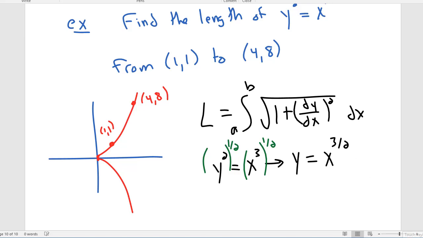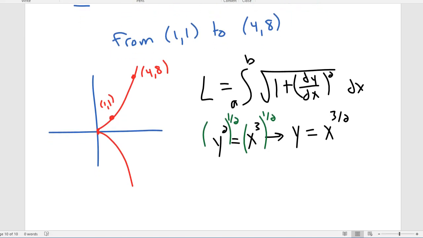So now we can take the derivative, dy/dx, and we're just going to use the power rule here. I'm going to bring the power down, and take 1 away from the power. So there's my derivative. That is supposed to be a 2 down there. So I'm going to plug that derivative into my formula and then square it.